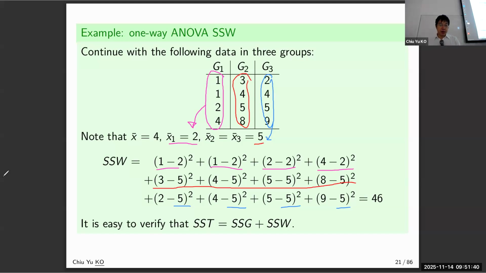Once you have an idea of that, then we are ready to show you how we are going to do the F test. First, there are two ways to decompose it, which is within and across. The main idea, even without thinking, is that you should expect the variation within group and across groups to be roughly the same if there's no grouping difference.